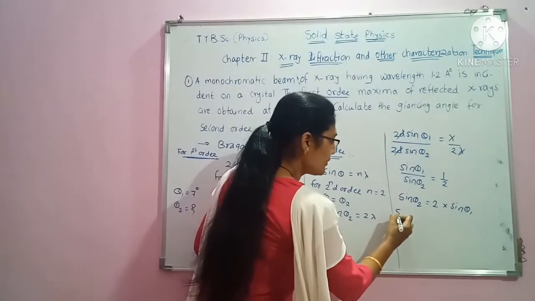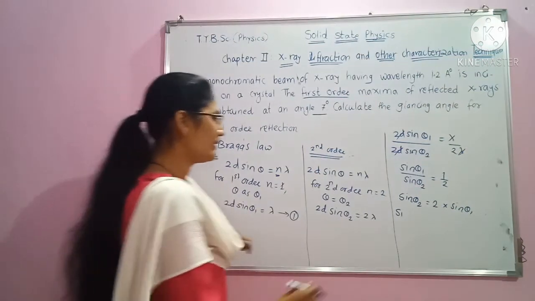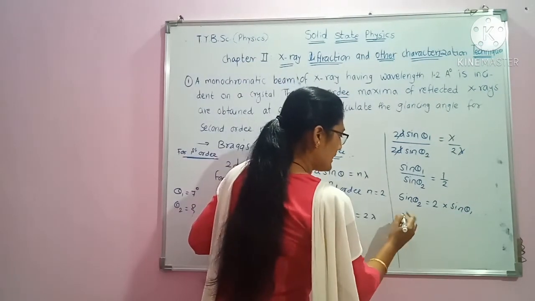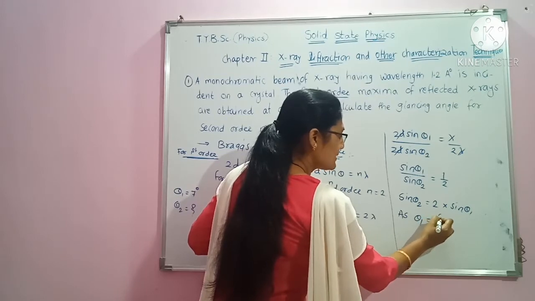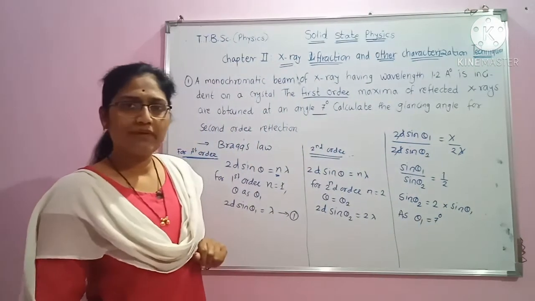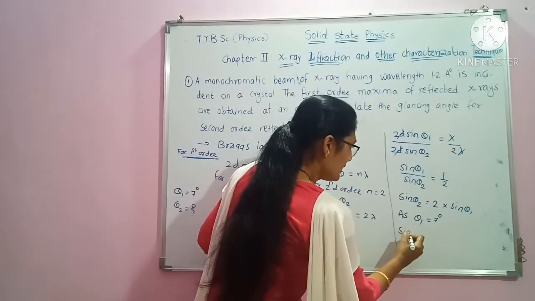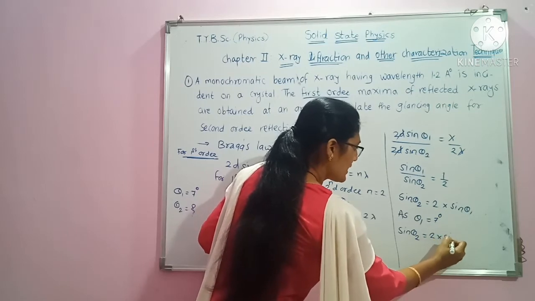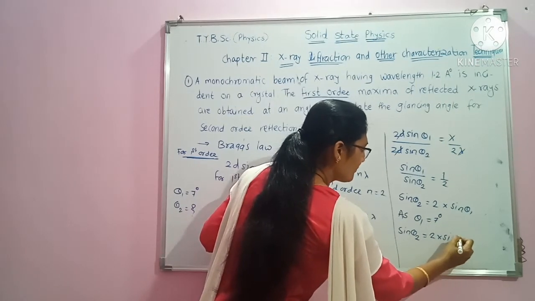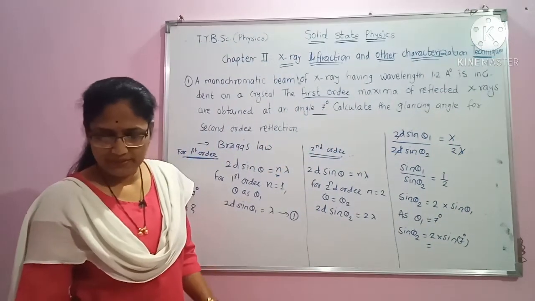So substitute the value of theta 1, which is given as 7 degree. Substitute the value of 7 degree in this equation. So sin theta 2 is equal to 2 into sin of 7 degree. What is the value of sin of 7 degree?